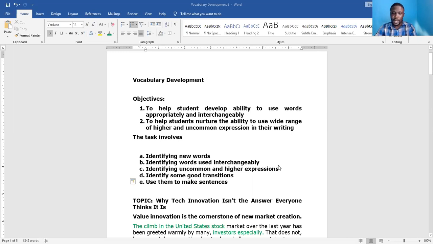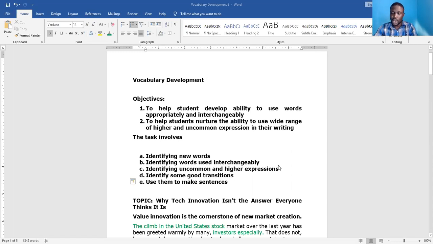Then we intend to help students nurture the ability to use a wide range of higher and uncommon expressions in their writing, because a lot of students, especially those who need a higher score in writing like 7.5, 8, are stuck in 5, 5.5, 6, 6.5 because they do not have variant ways of conveying their messages.